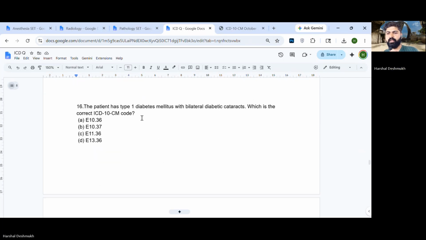The patient has type 1 diabetes with bilateral diabetic cataracts. What is the correct ICD-10-CM code?